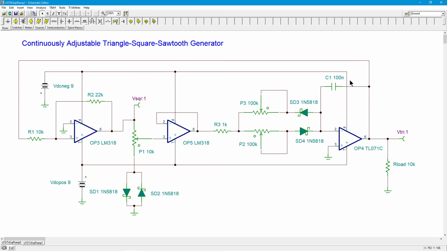And of course, the current gets pulled through C1, different current. There's going to be a different slope on the voltage change here, which means different slope on the triangle wave, right? This triangle wave output gets fed back and off we go. So this thing's going to flip back and forth, all right? Positive, one path, negative, the other path.